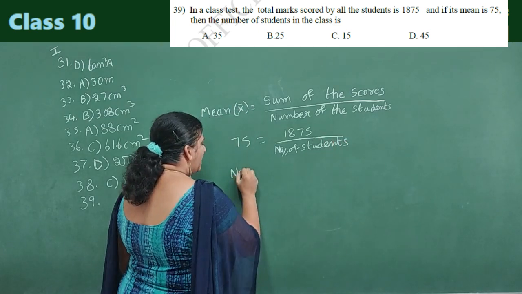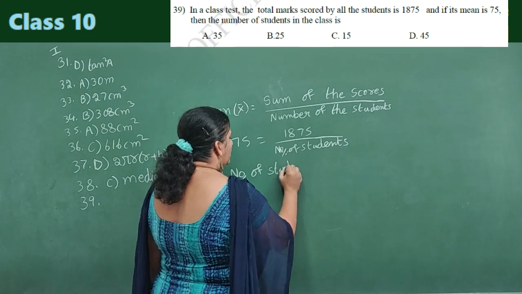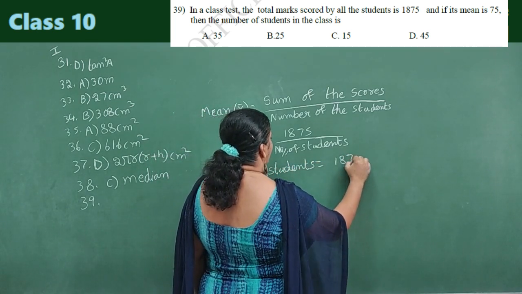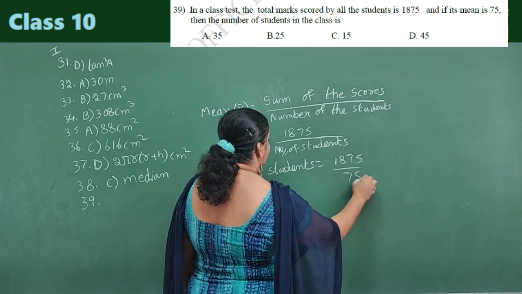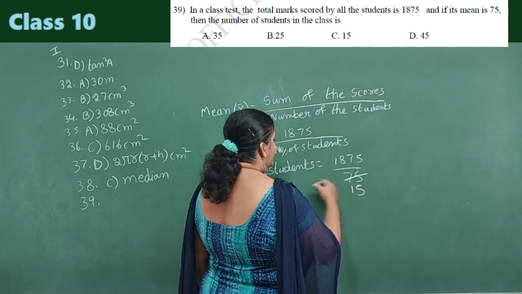Then cross multiply. Number of students is equal to 1875 by 75. Cancel, 5 ones are 5, 5 5s are 25.